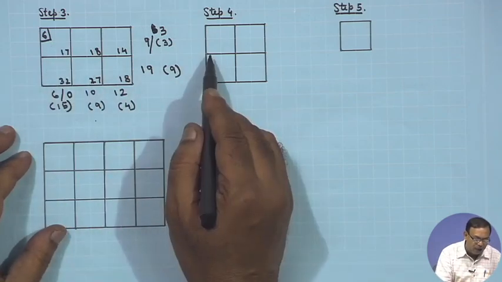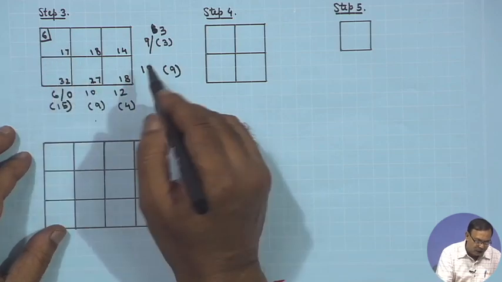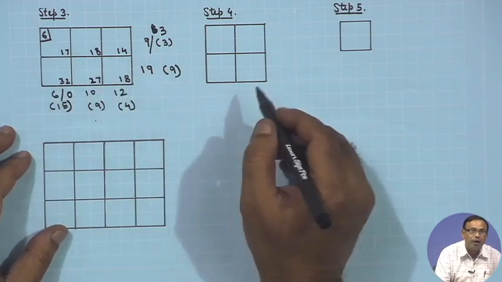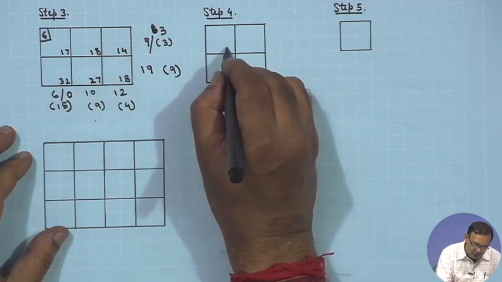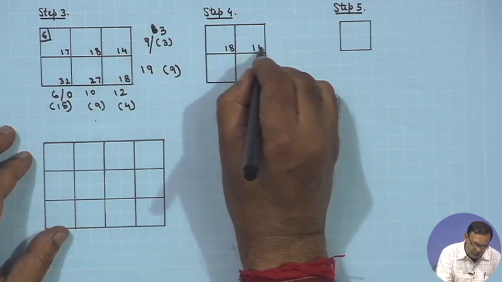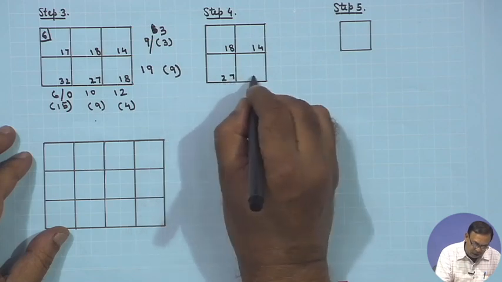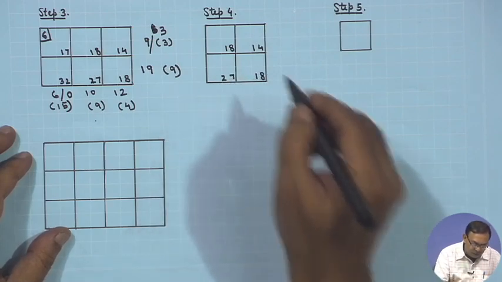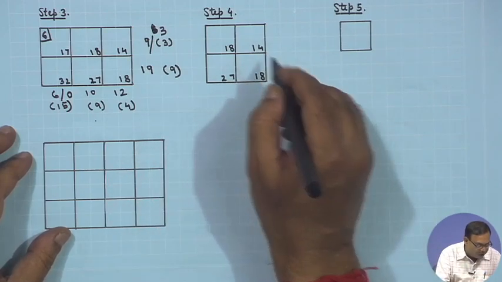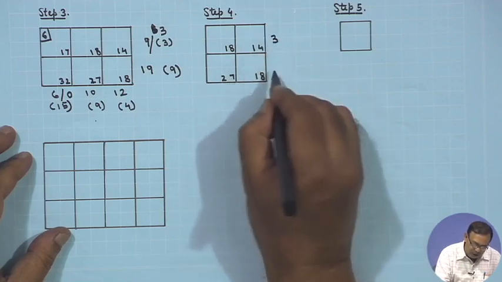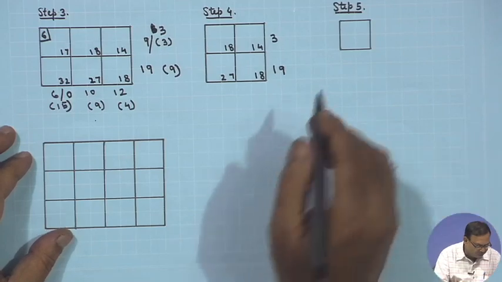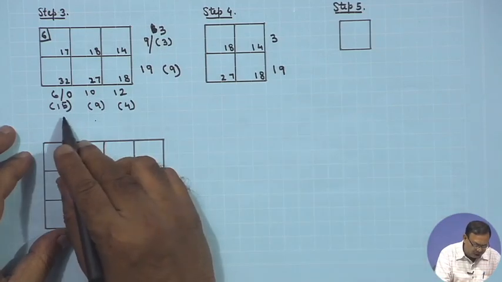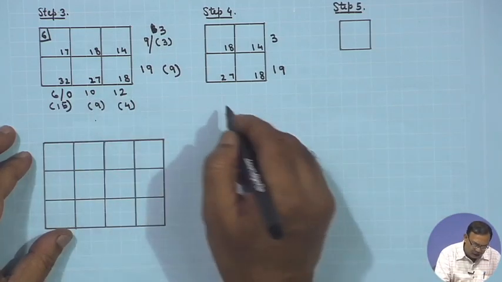So, in the next step what I will do, I will remove the first column and I will write down the next 2 columns only, this column and this column. So, you are having 18, 14, 27, 18 and your costs are 3 and 19. Here it is 0, 10 and 12.